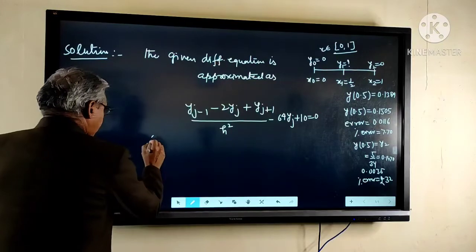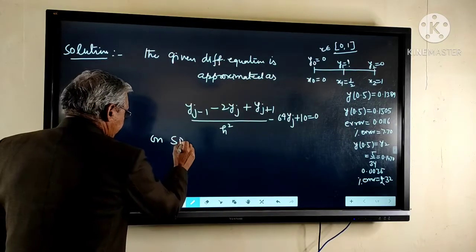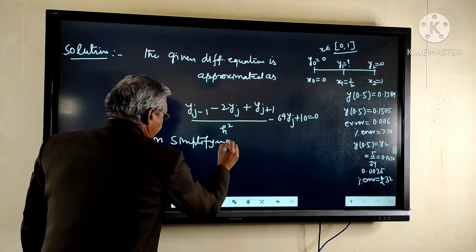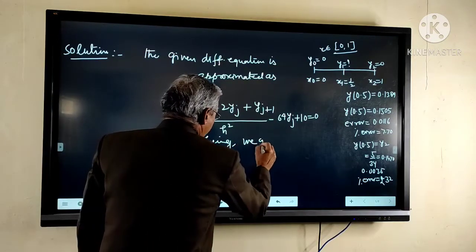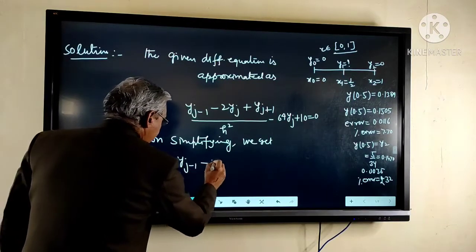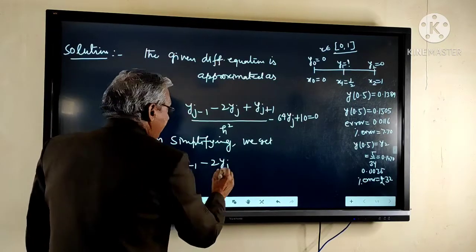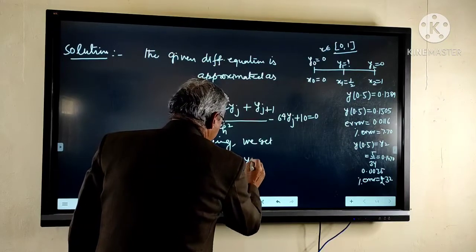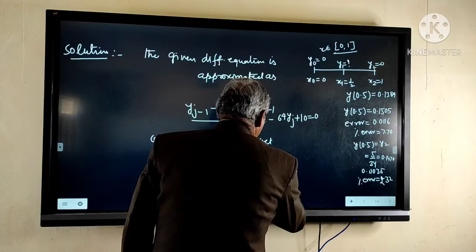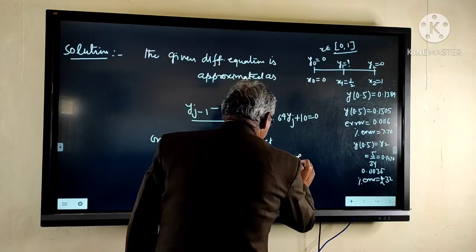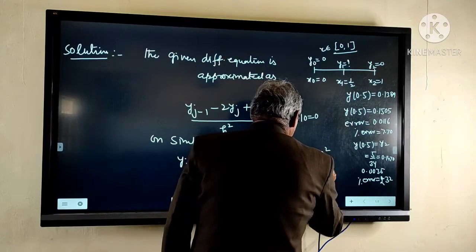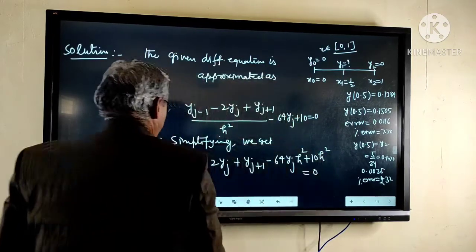On simplifying, we get y(j-1) minus 2yj plus y(j+1) minus 64yj h square plus 10h square equals to 0.